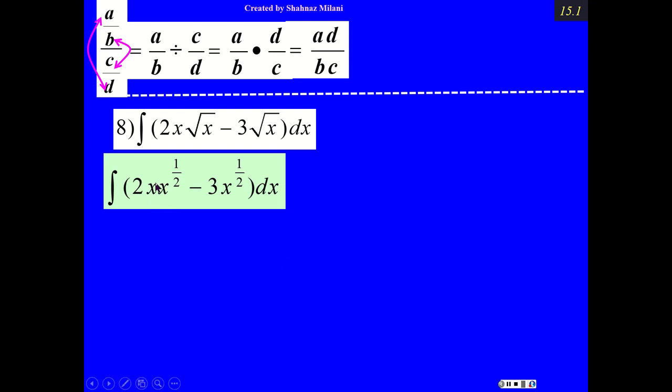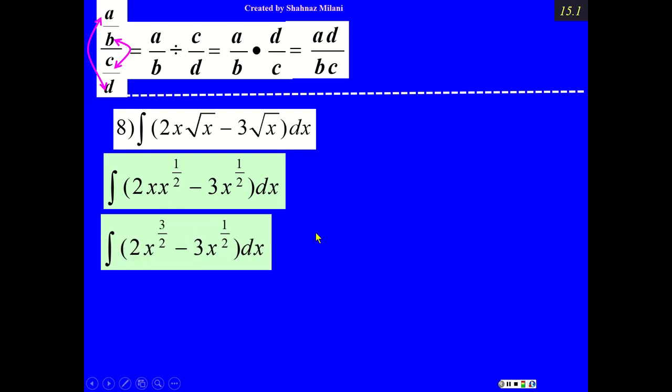Here, I have x times x to exponent 1/2. We do not have a product rule, but we can use the law of the exponent. Anytime the base is the same, then you add the exponents. That means 1 plus 1/2, which is going to be exponent 3/2.